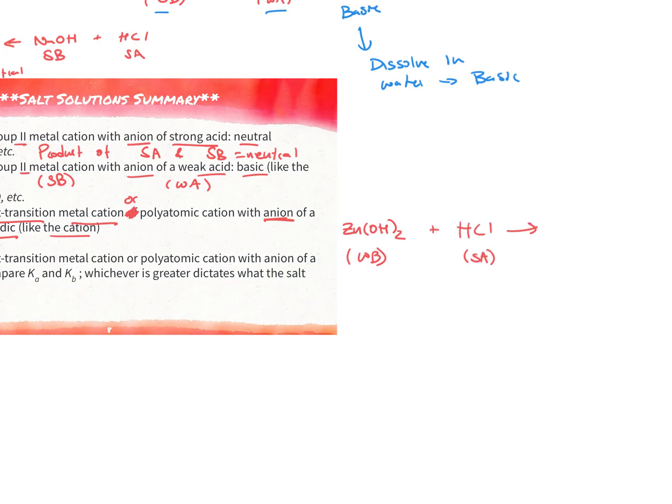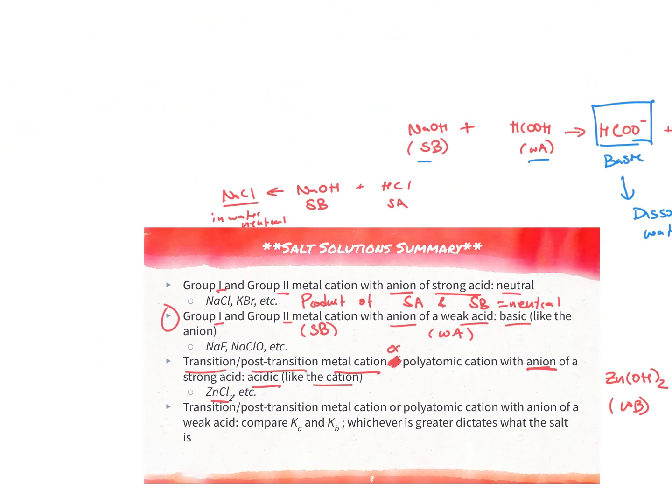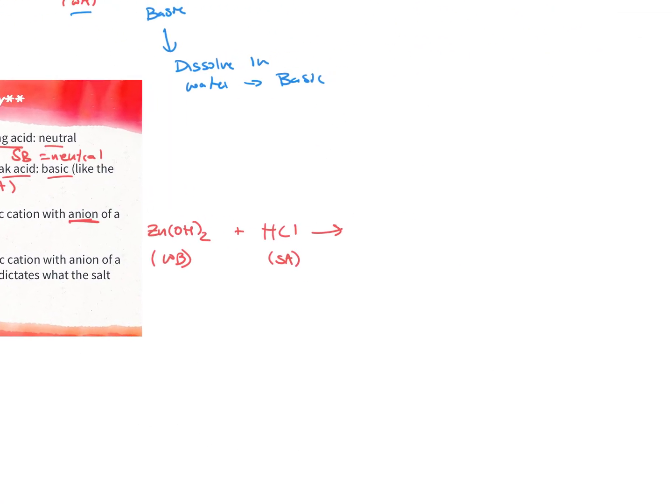So this is the exact opposite case of what we're talking about in point number 2 here. What we'll get is H2O, because the H will mix with the OH, and you get ZnCl2. The cation here, this Zn2+, is an acidic cation because it came from a strong acid and weak base.